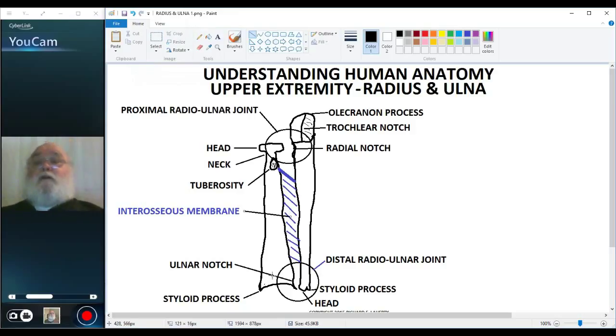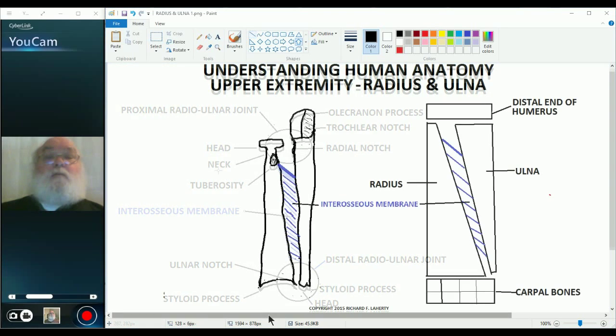I put the label in blue. The membrane I drew in blue, but I put the line in black so it doesn't get confused with the lines I drew on the interosseous membrane. The interosseous membrane is there to keep the two bones close together, but is also necessary to transmit force. And that's something I will continue talking about on the next slide.